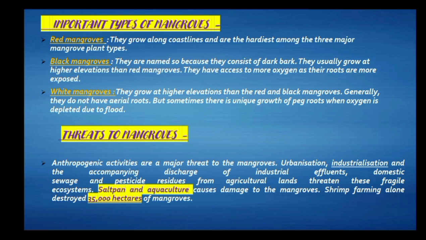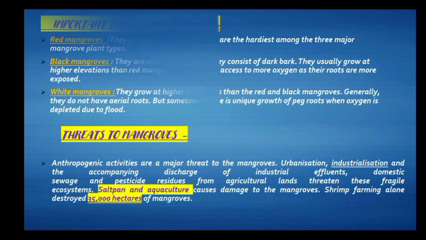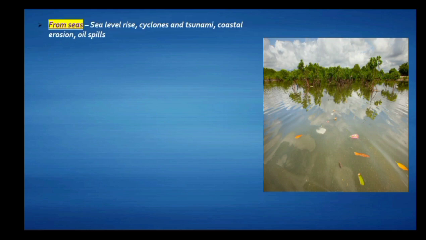Salt farms and aquaculture cause damage to the mangroves. Shrimp farming alone destroys 35,000 hectares of mangroves. There are also threats from sea level rise, cyclones and tsunamis, coastal erosion, and oil spills.